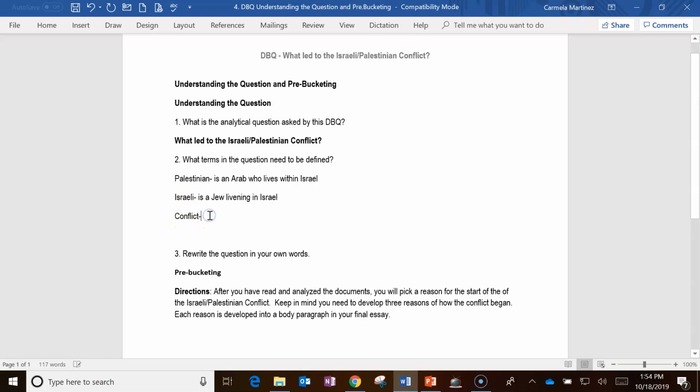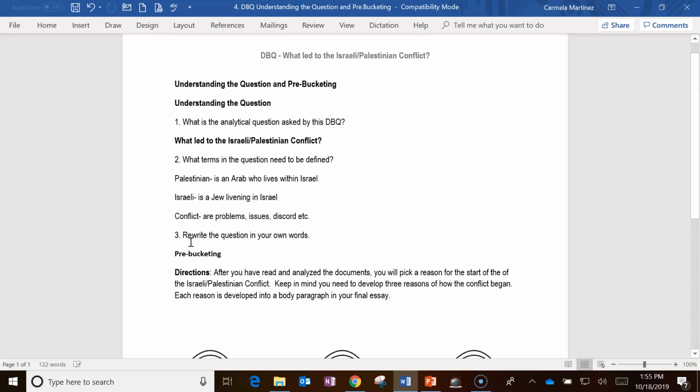And conflict are problems, issues, discord, and things like that, etc. So those are some of the words that might be troublesome finding the definition.